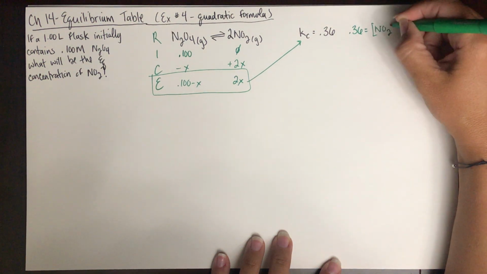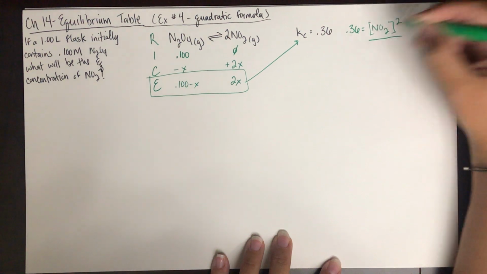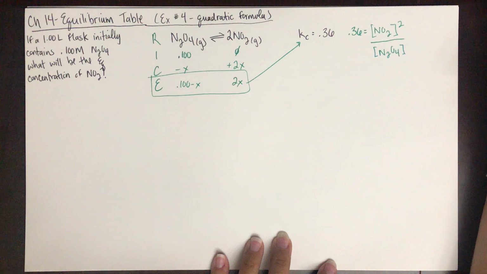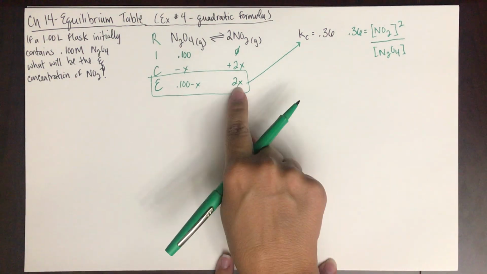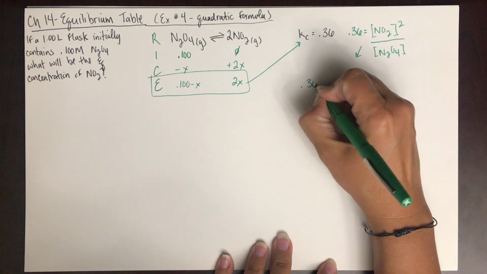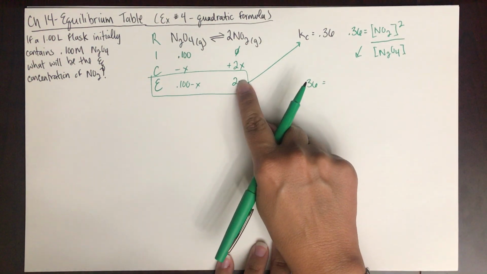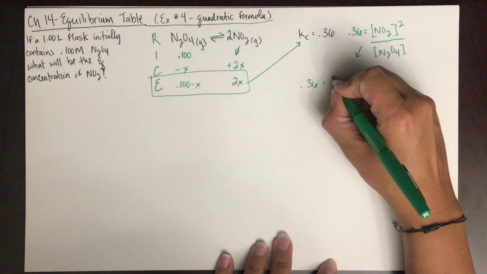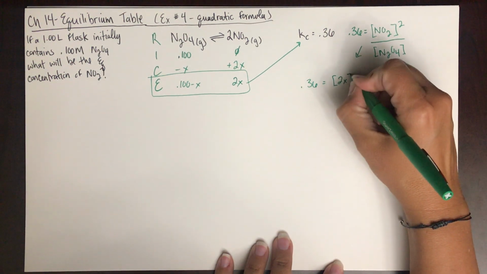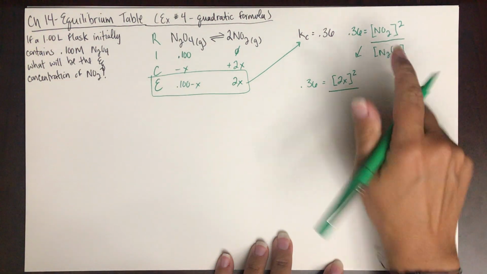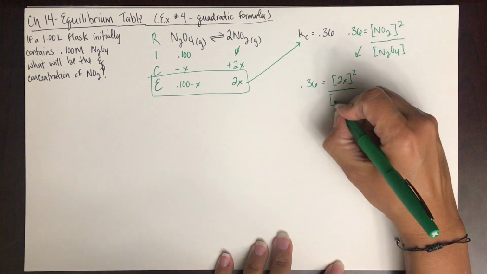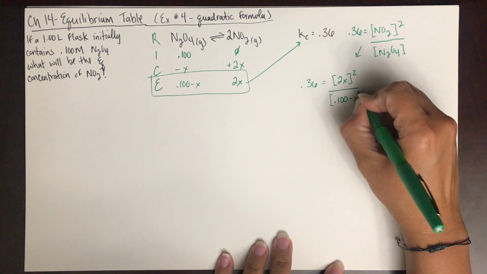Nitrogen dioxide squared over the concentration of dinitrogen tetraoxide. So now we know what these are, we can plug them in. So I'm going to say 0.36 equals the concentration of nitrogen dioxide, 2X squared over the concentration of dinitrogen tetraoxide, 0.100 minus X.